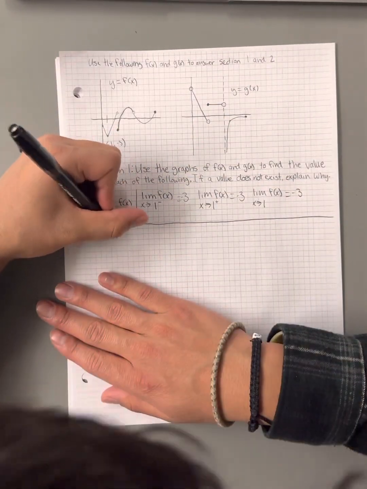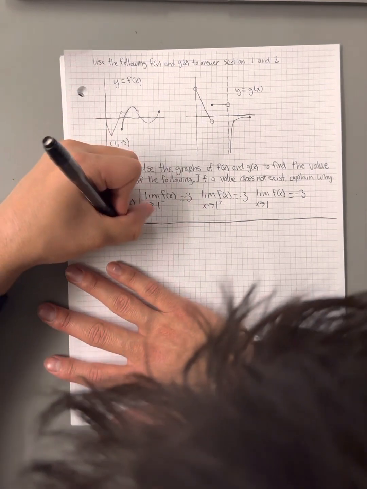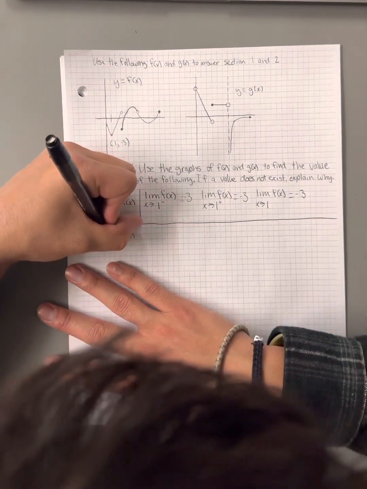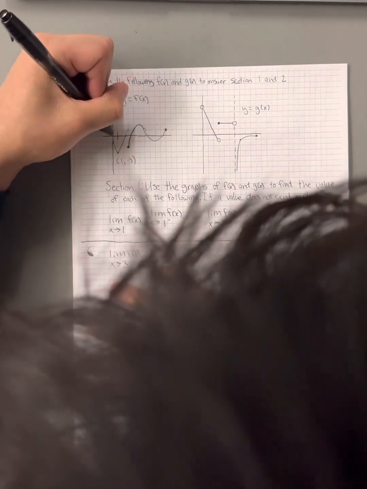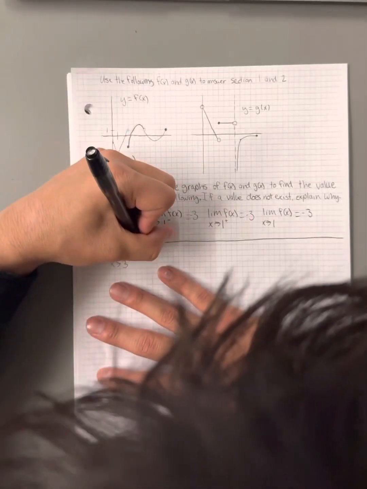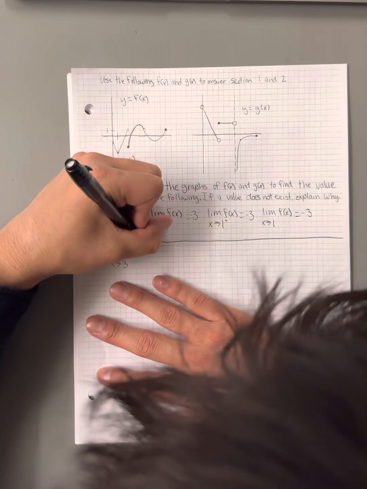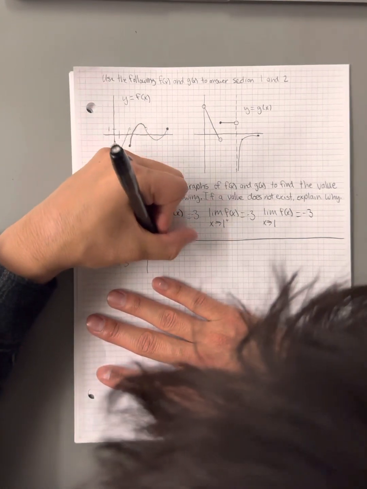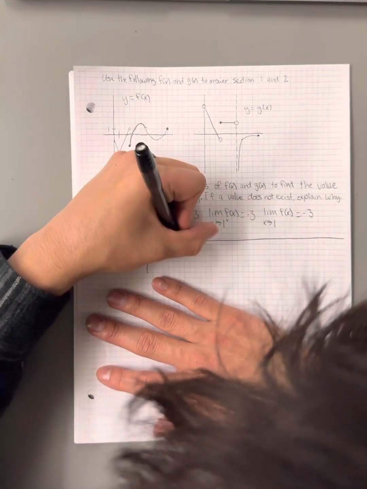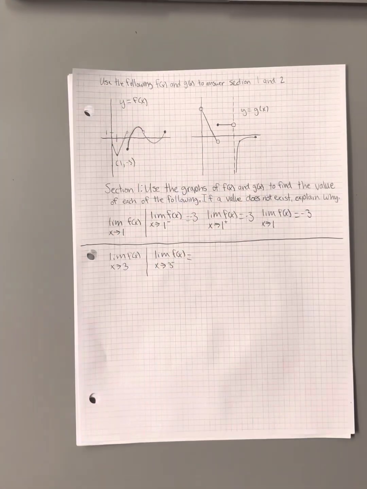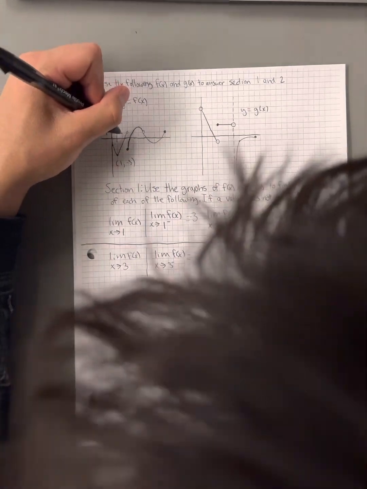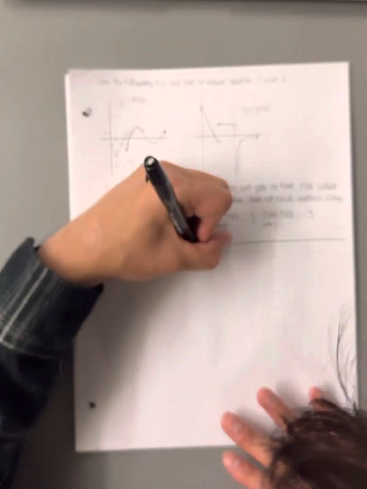Our next limit is the limit of f of x as x approaches 3. So let's look at 3. 1, 2, 3. So let's just split this up. The limit of f of x as x approaches 3 from the left is equal to, it is approaching 1.